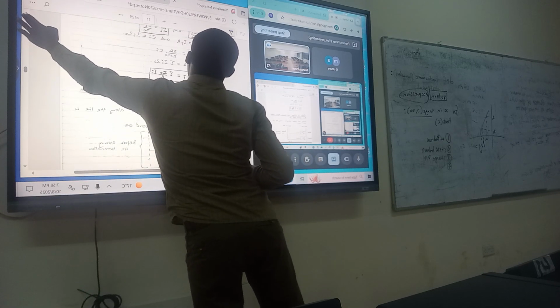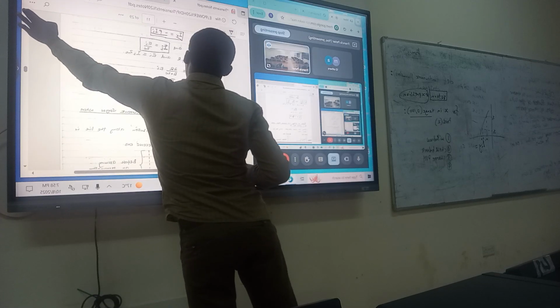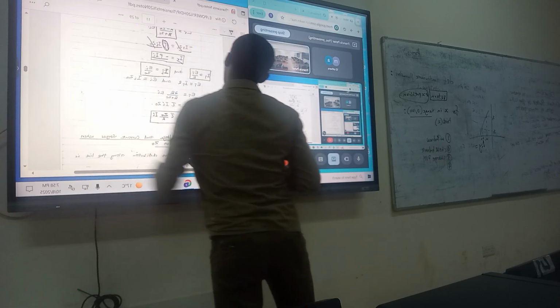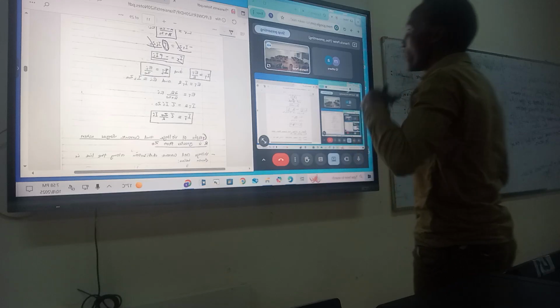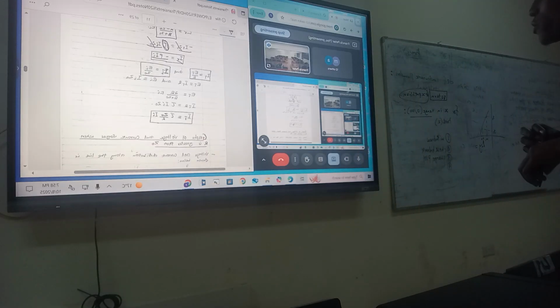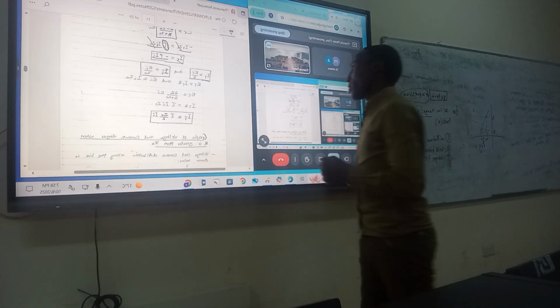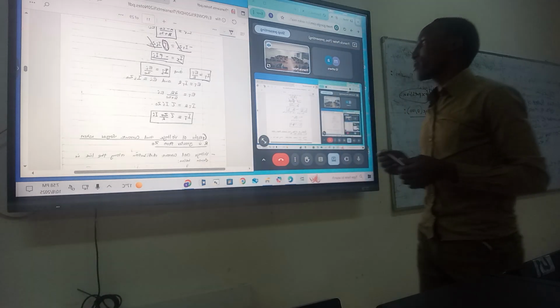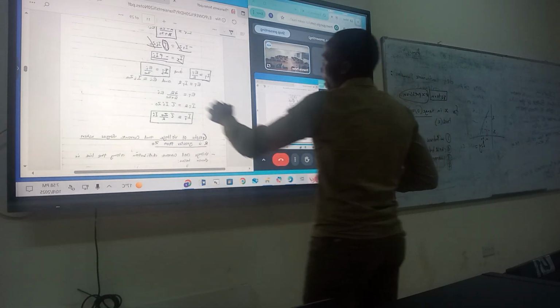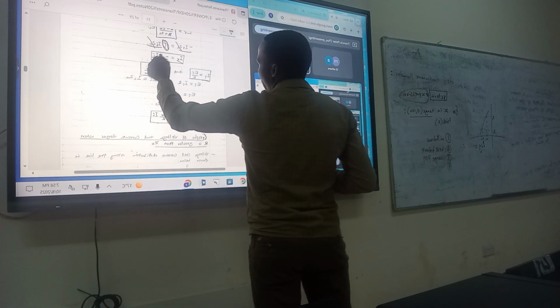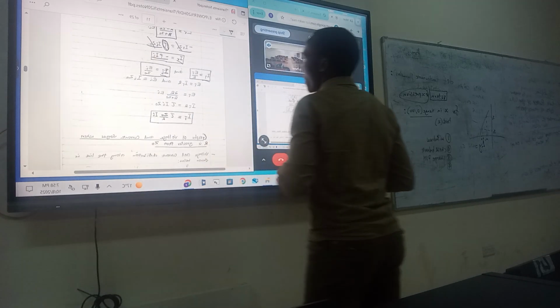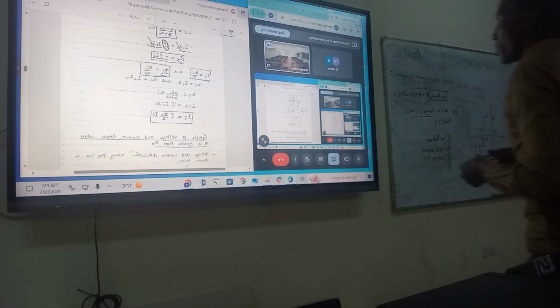Another thing that we can do, from what we have discussed above, we concluded that IT is equal to ET over R, and II, that is the incident current, is equal to the incident voltage divided by Z naught.